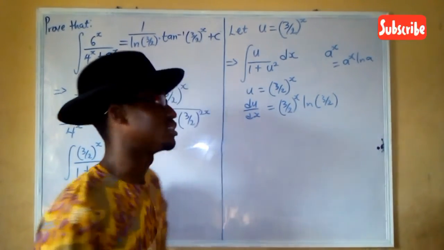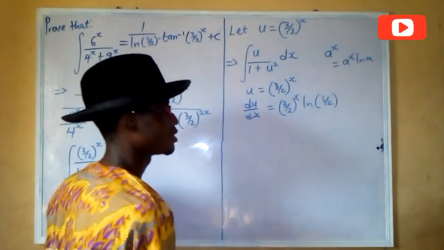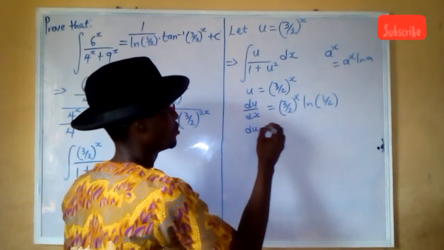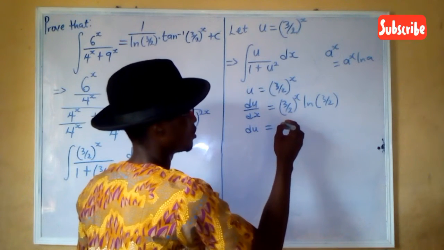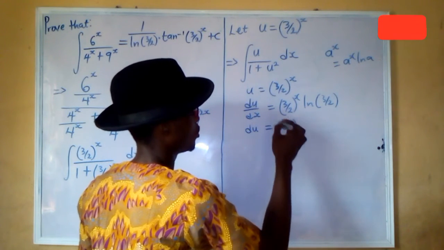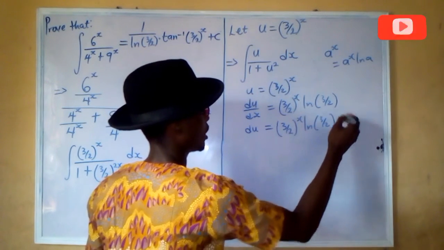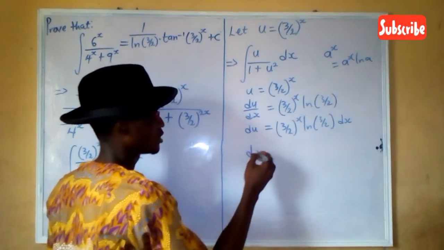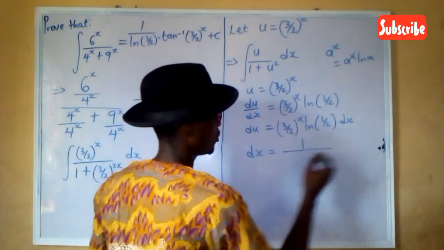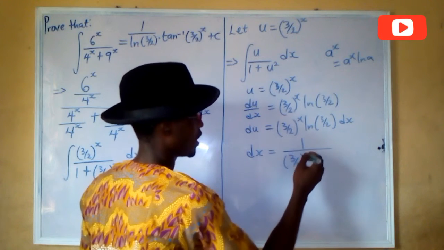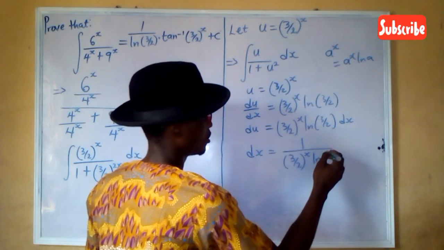It's one of the standard derivatives. So now we have du equals (3/2) raised to the power x times ln(3/2) dx. So that dx becomes 1 all over (3/2) raised to the power x times ln(3/2).